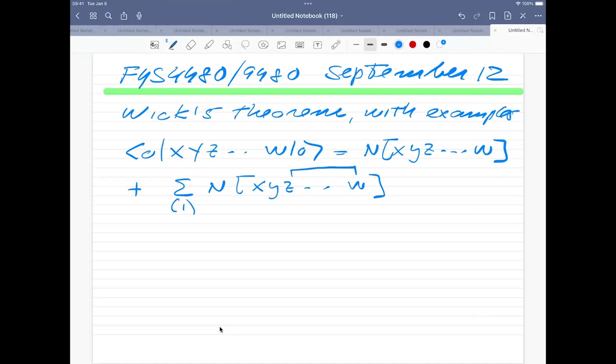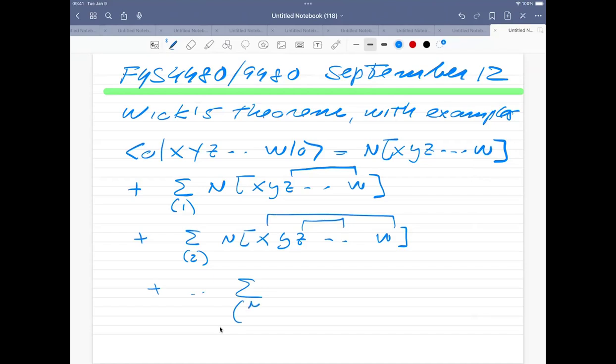I'm going to bring back the definition of the contraction. As we discussed last time, it's only the case where we have an equal number of creation and annihilation operators which gives us a result different from zero. And now we have two possible contractions. This goes all the way up to M, the number of operators divided by 2. And then we are looking at the normal-ordered product of all the contractions which we can make.